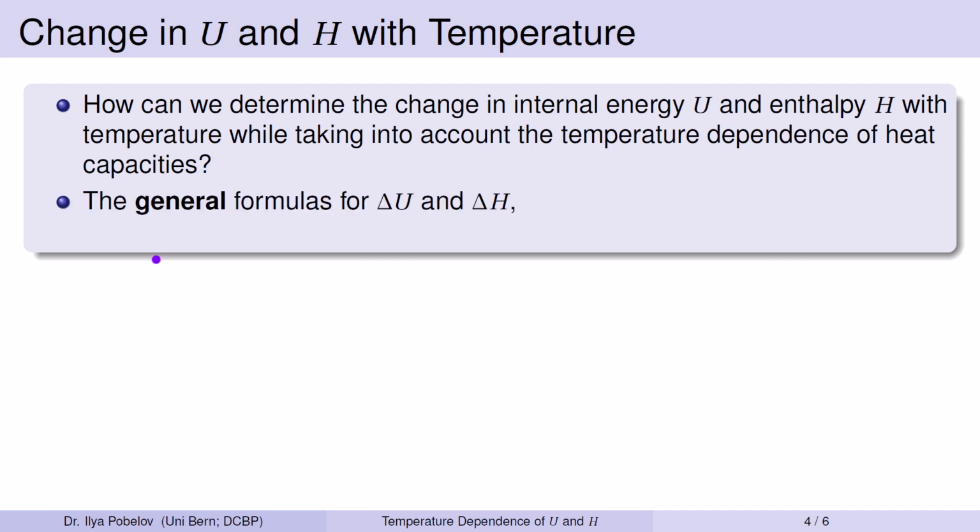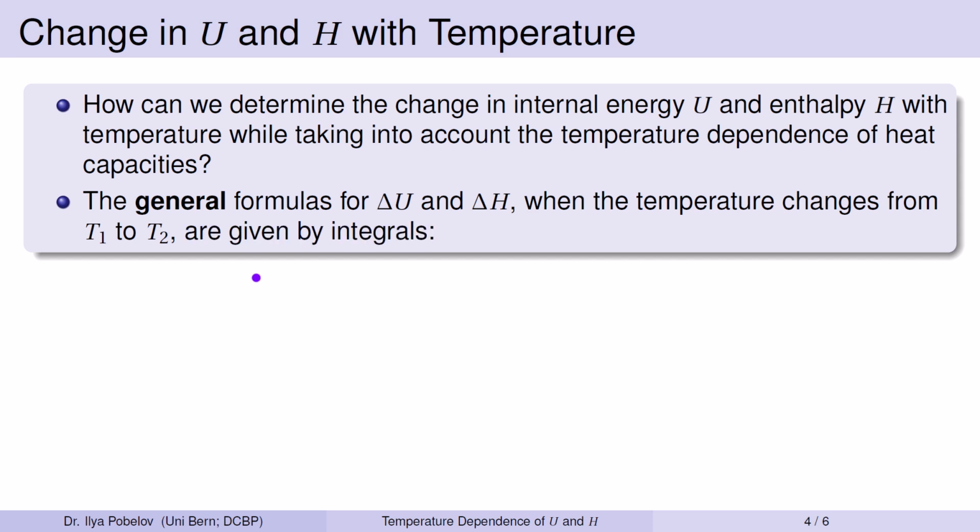The general formulas for the changes in internal energy, denoted as delta U, and enthalpy, denoted as delta H, when the temperature changes from T1 to T2, are given by integrals. Delta U equals the integral from T1 to T2 of Cv as a function of T by dT.